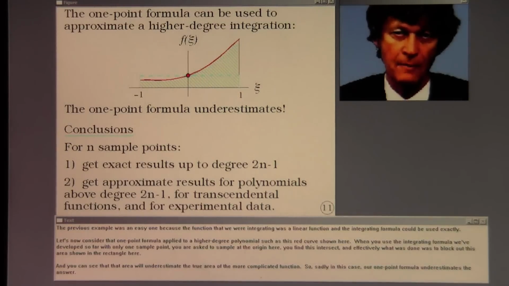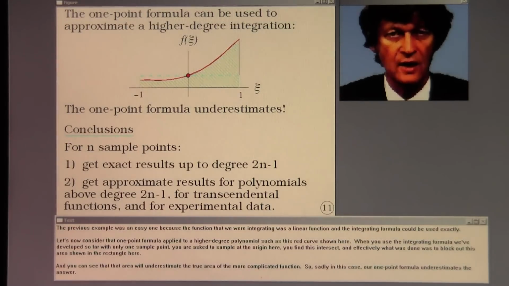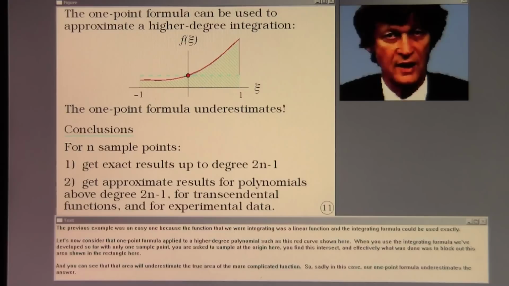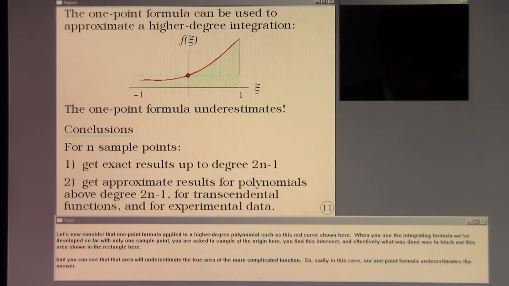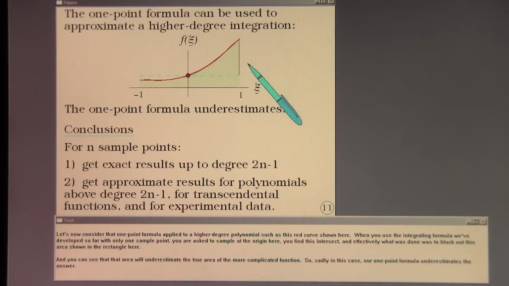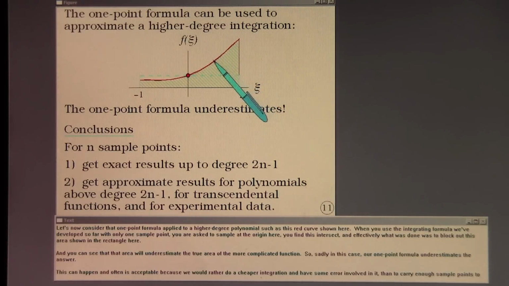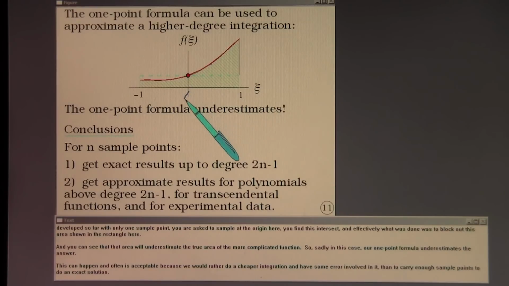So either logically or doing the integral in the conventional way, you can prove that this is exact. The previous example was an easy one because the function that we were integrating was a linear function, and the integrating formula could be used exactly. Let's now consider that one-point formula applied to a higher degree polynomial, such as this red curve shown here. When you use the integrating formula we've developed so far with only one sample point, you are asked to sample at the origin here.